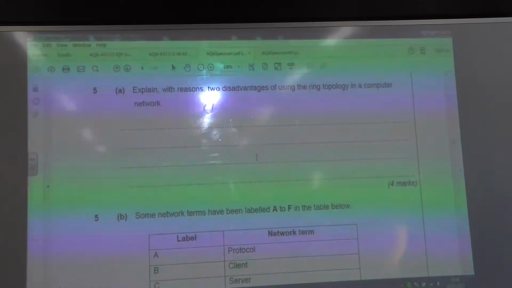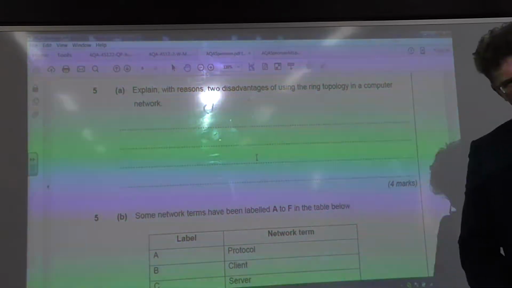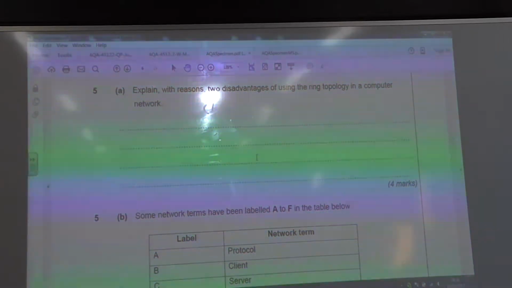There will be a block in the network. Instability of the network. Reliability. Yeah, the instability is okay, but I think the word you're looking for is reliability. It's not a reliable network because if one computer goes down, the whole network will go down, so you'll lose productivity. Just trimming down these answers, refining them a little bit.